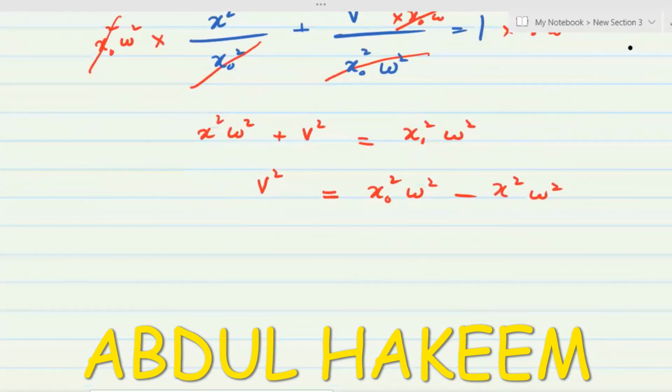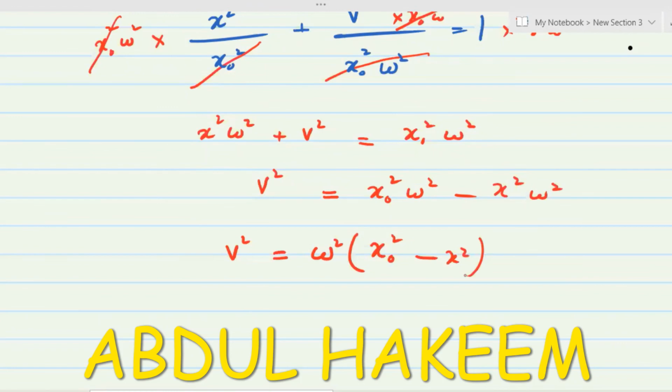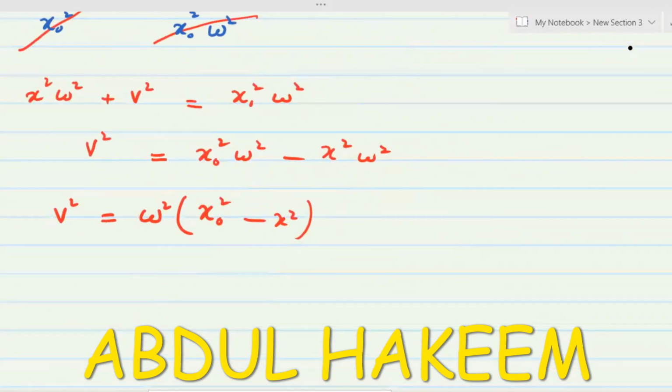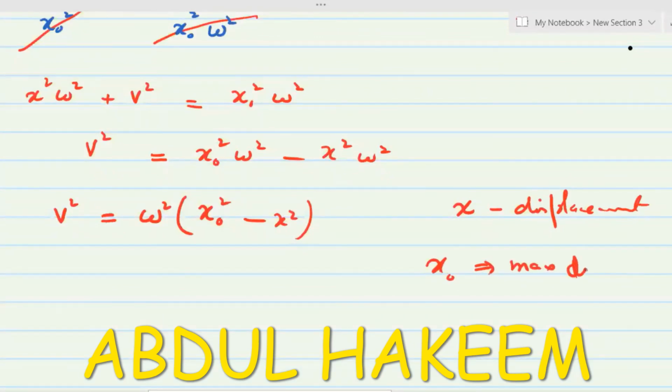Now v square is equal to, what is common here? Omega square bracket x naught square minus x square. Now what is the difference between x naught and x? X is the displacement just, and x naught is the maximum displacement. And the maximum displacement is called amplitude.